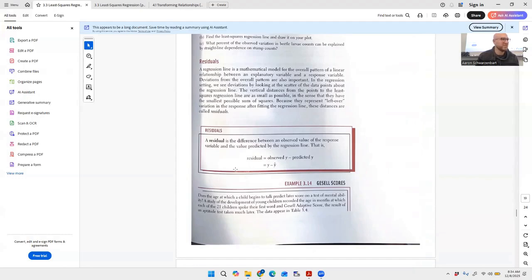Basically, observed minus predicted is the residual. Half the residuals will be 0.